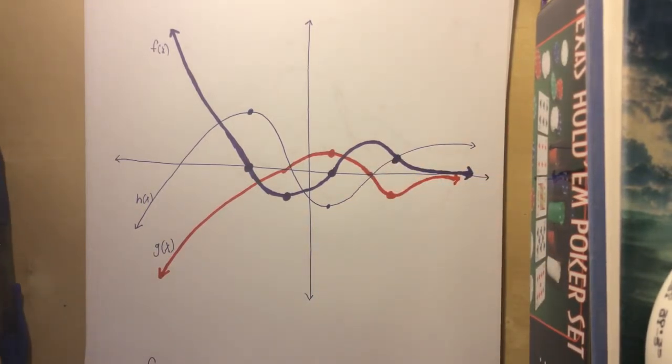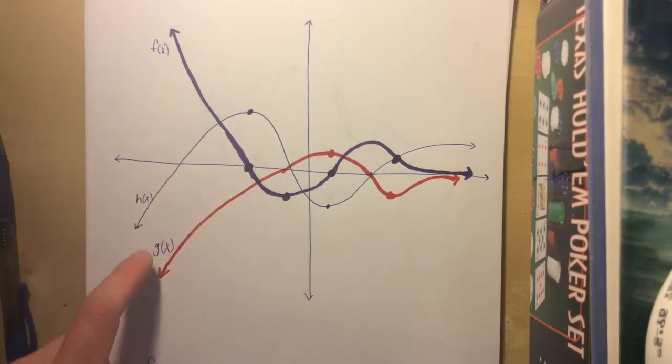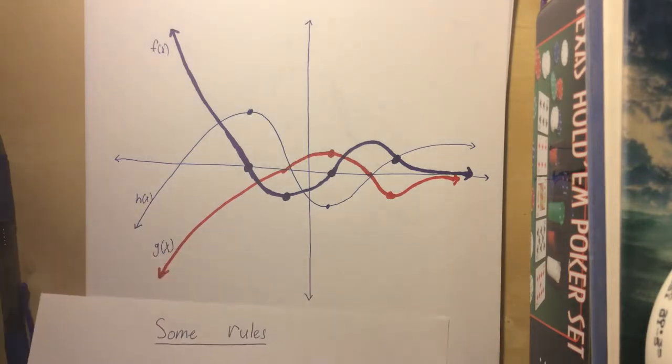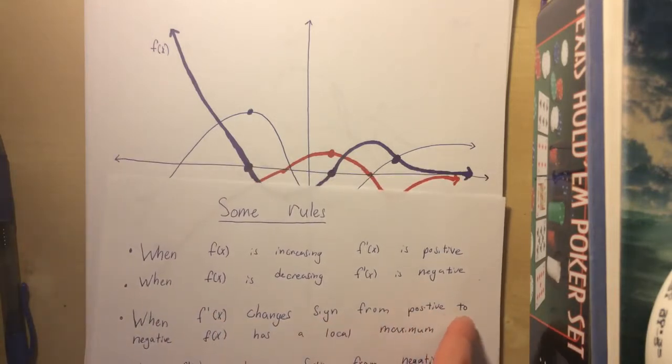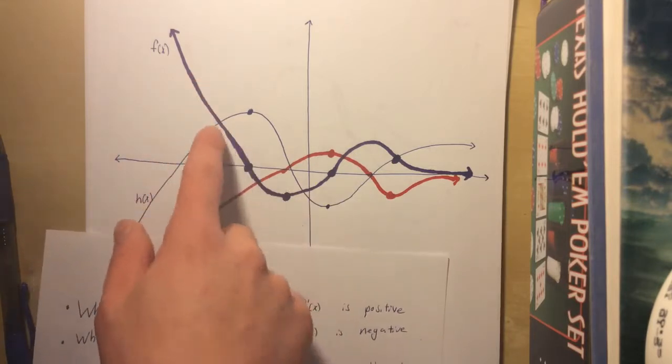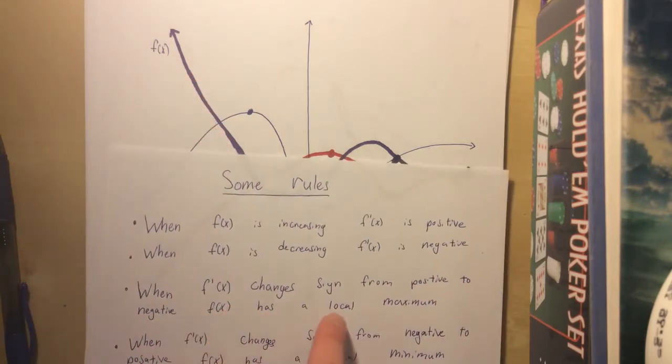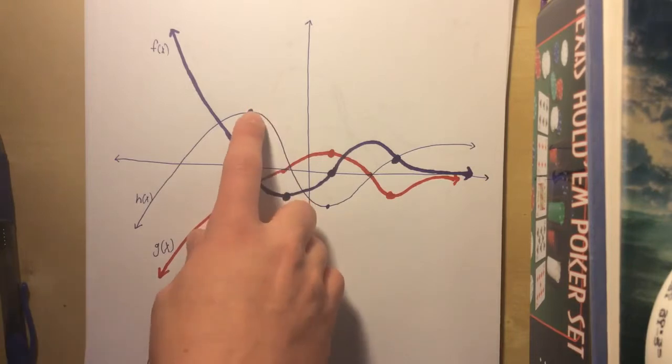So now let's interpret these points that we looked at. Any one of these will do. We're just going to look back to the rules. So let's look at this first point, where f of x is changing sign, because it has a 0, and h of x has a local maximum. If we look back to our rules, we know that if f prime of x changes sign from positive to negative, then f of x has a local maximum, which is what's happening with h of x.